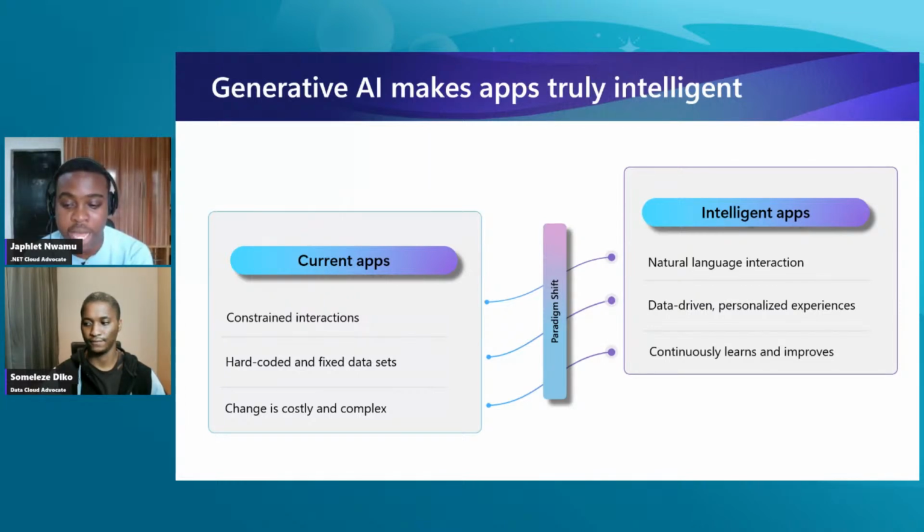You had to write applications and code them. Sometimes you had access to data sets that were fixed and could not be changed. That made it really complex because every time you had to deploy those changes, you needed to manage them, and that could cost a lot. But now we have artificial intelligence, which has made things a lot easier for us.